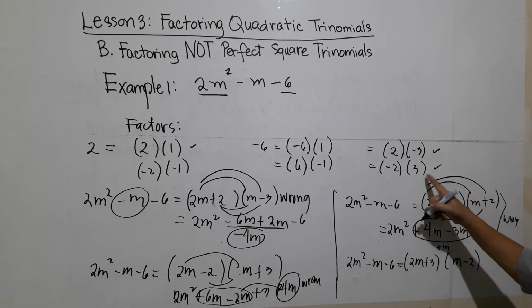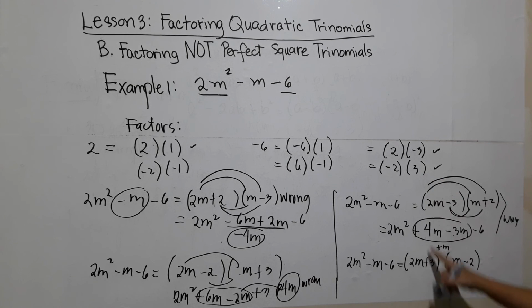So that means I am using this one, but the position of the factors, I change them this way. Okay, let's try. So we have 2m times m will give you 2m squared. Then minus 4m plus 3m minus 6. What do you think? Negative 4m plus 3m will give us negative m.